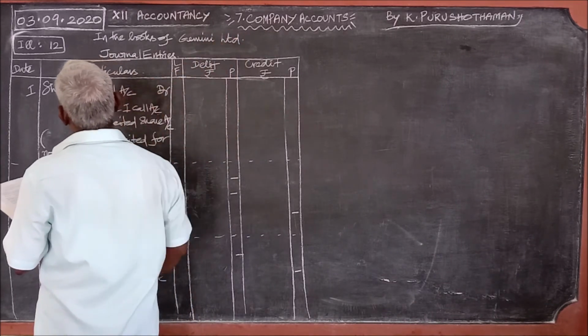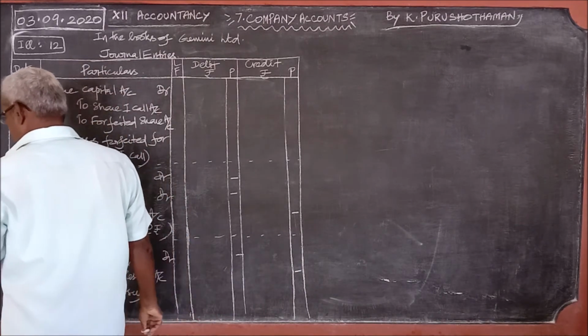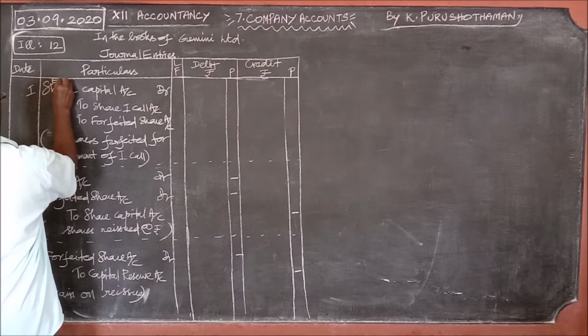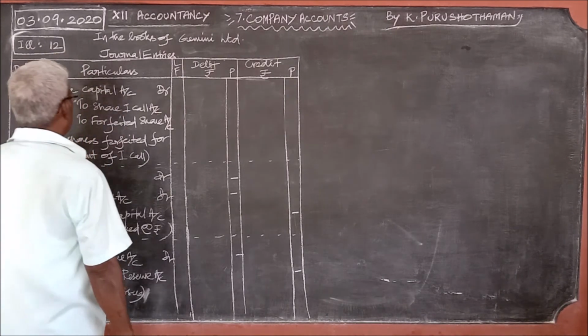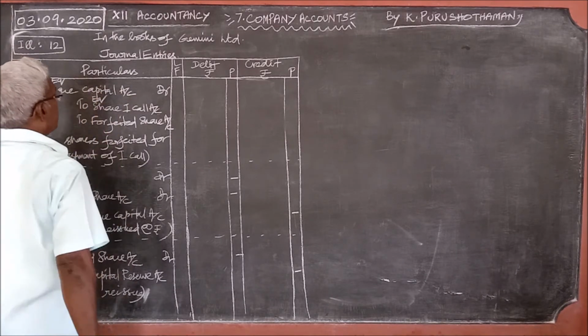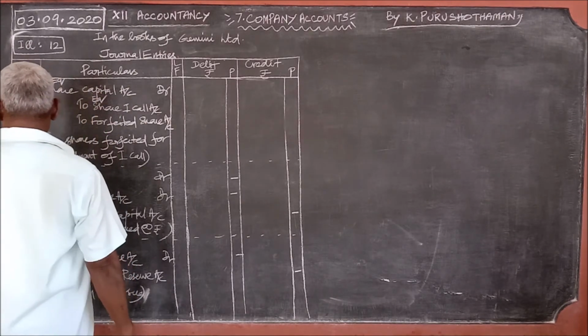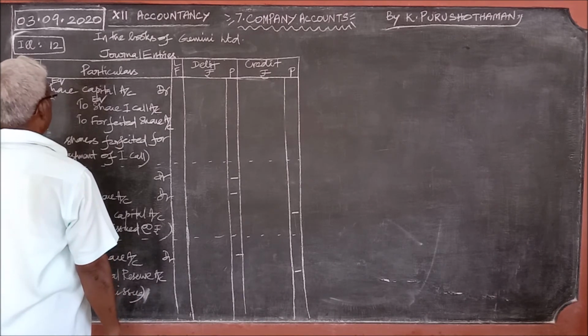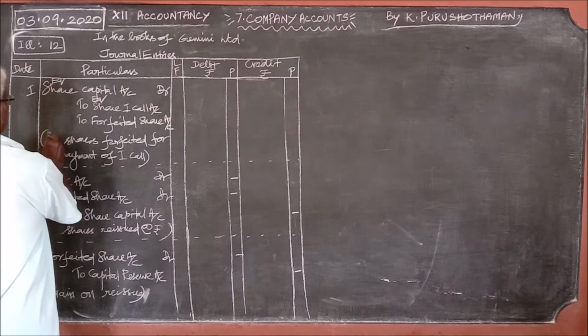Okay. Here, equity shares are given. Therefore, you can put equity share capital account, equity share first call account, and forfeiture. How many shares are issued by the company? 20 shares.